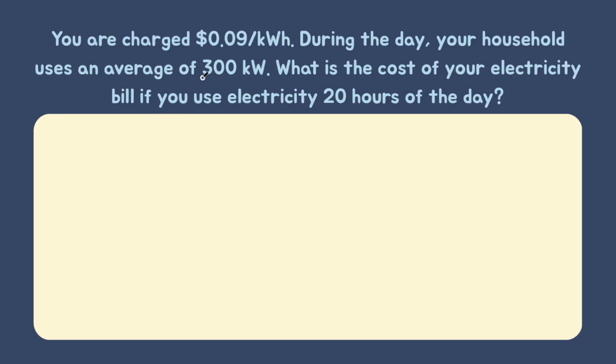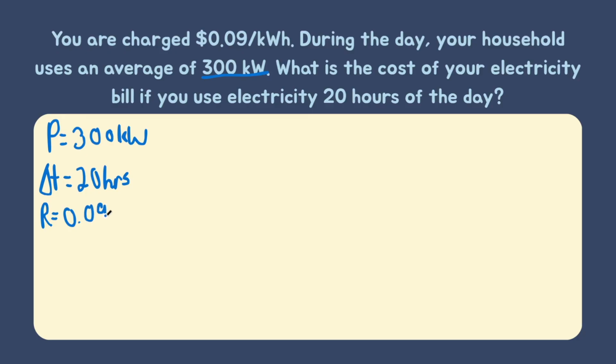We have power, so P equals 300 kilowatts, and we know that power is potential difference times current, or V times I. We have delta time, or change in time, which I explained in my previous video, which is 20 hours, and we have the rate, which is equal to $0.09 per kilowatt hour.